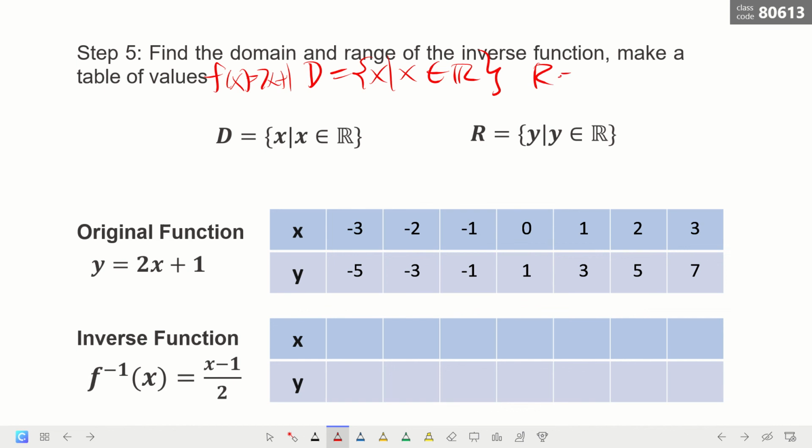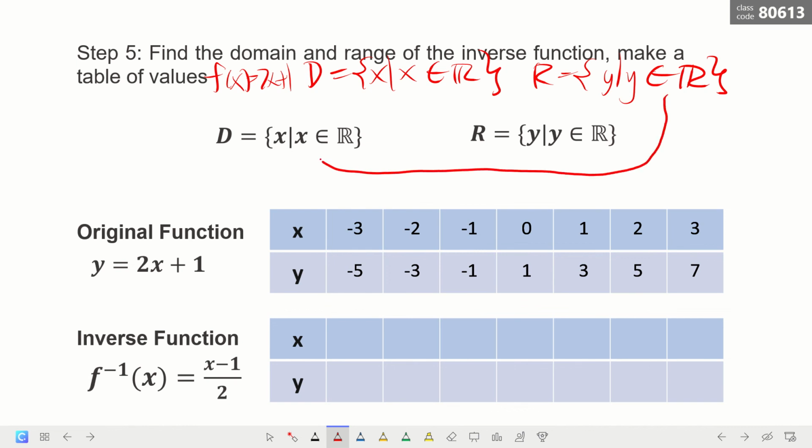And its range is y such that y is an element of real numbers. So, pag interchange mo lang, since pareho naman element of real numbers, the range of our original function will become the domain, and the domain of our original function will become the range of the inverse.